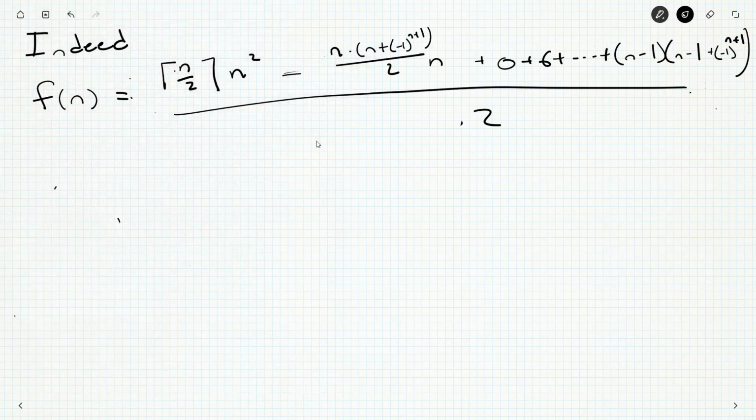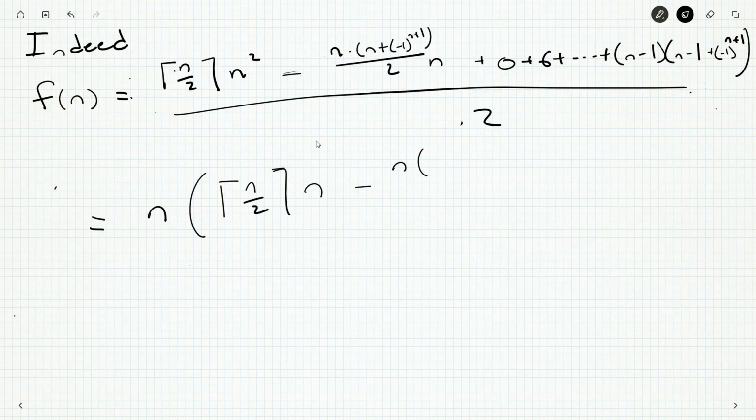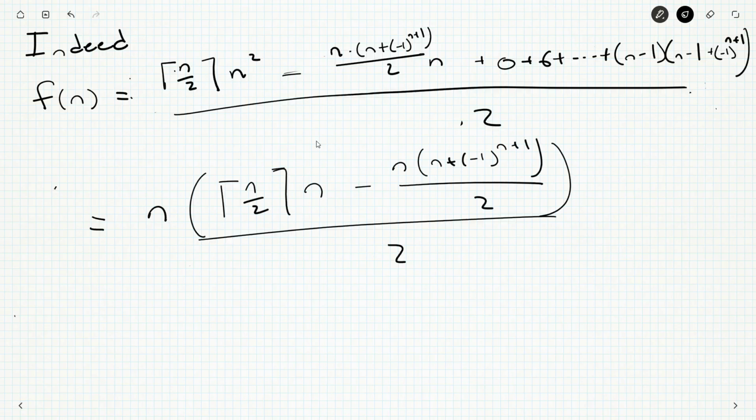So I can take out a factor of n here. I just feel absolutely stuck at this point because I can definitely, obviously, no matter what 2 is, so this is n times, I want to show that this part is always an integer when I divide by 2.